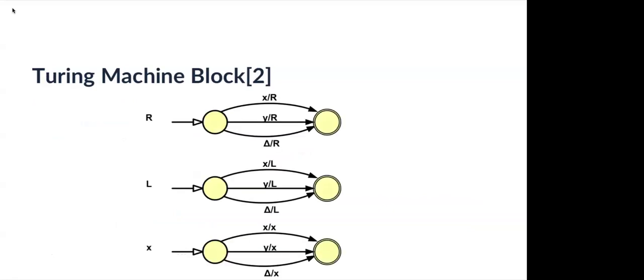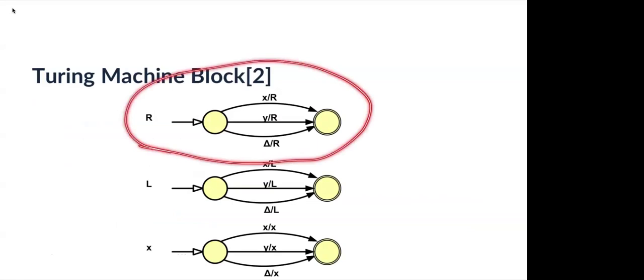So Turing machine basic elements in building block is move the head to the left or to the right, and also write a symbol. This is moving to the right, whatever we read.